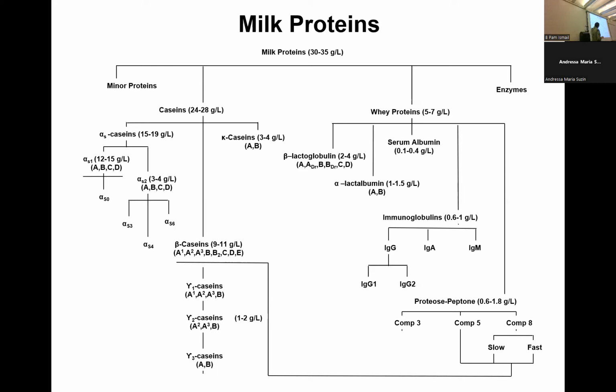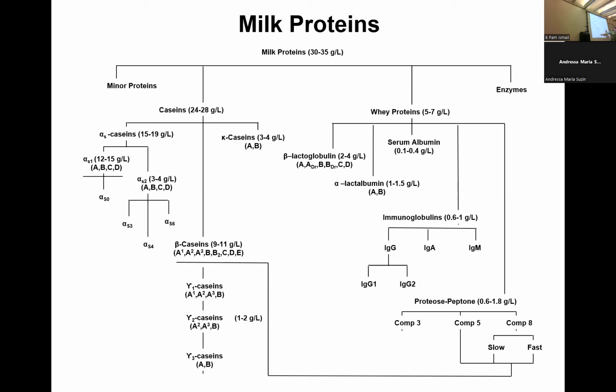Now, under beta casein, we see these gamma caseins here, and then under the whey, we see the proteose peptone. So what are these? Beta casein over time gets hydrolyzed by plasmin. The plasmin enzyme that I said is problematic, which breaks down beta casein. So the gamma caseins, we'll talk about them later.